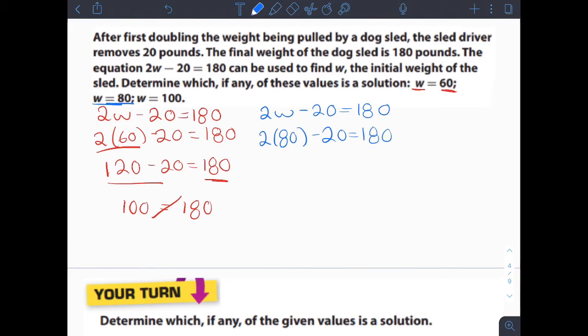And then just work your operation like you normally would. So 80 times 2 would be 160 minus 20. Is 160 minus 20 equals 180? No, because 160 minus 20 will be 140. So again, 80 is not our solution.